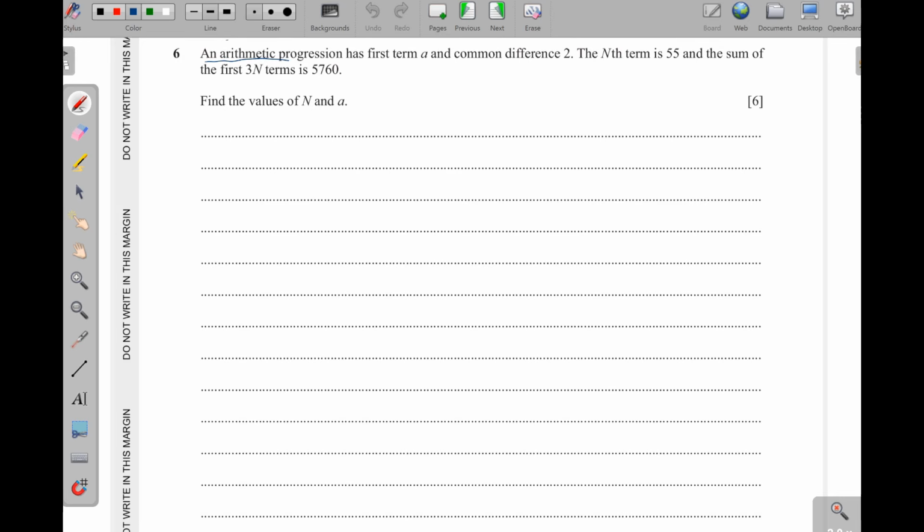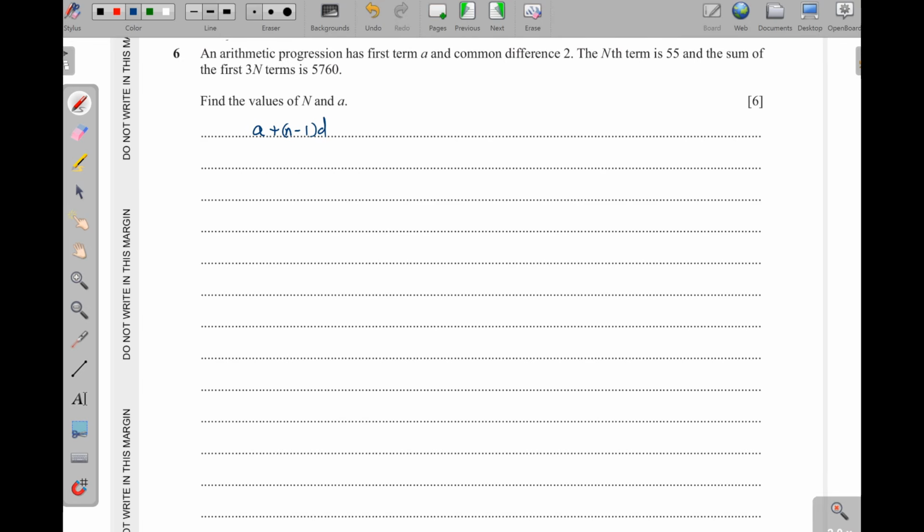Question 6. An arithmetic progression has the first term a and the common difference 2. The nth term is 55 and the sum of the first n terms is 5760. Find the values of n and a. Now, the nth term is always given by a plus n minus 1 times d, not so?